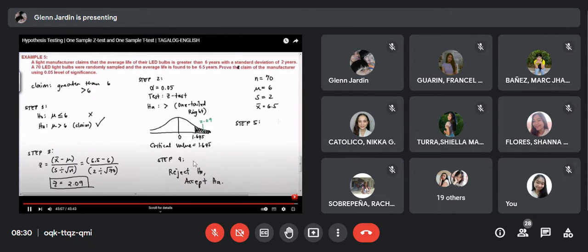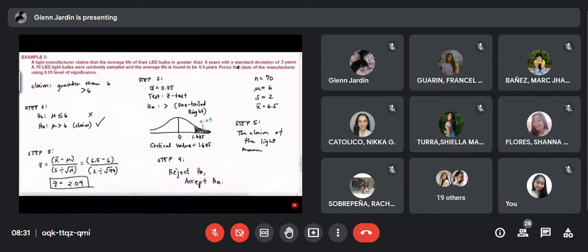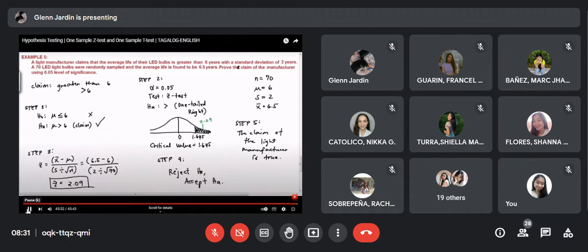Okay, so ang step 5 natin, so the claim of the light manufacturer is true. So, tama yung kanilang claim na ang buhay ng kanilang mga pinoproduce na LED light bulbs is greater than 6 years. So, tama yung claim. There is enough evidence to support the manufacturer's claim. Okay? So, that is it for the hypothesis.